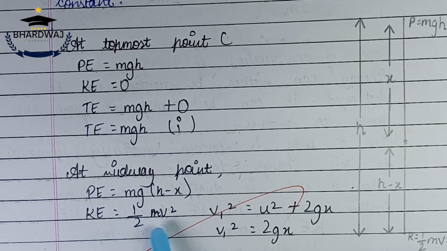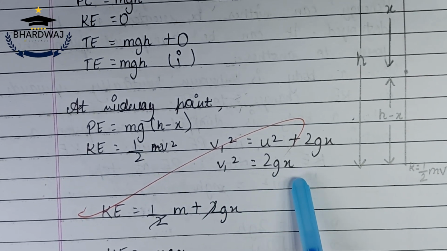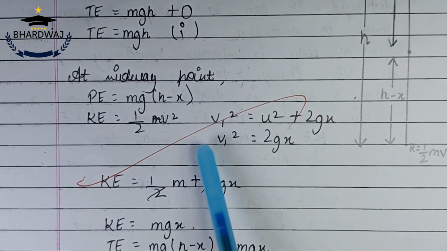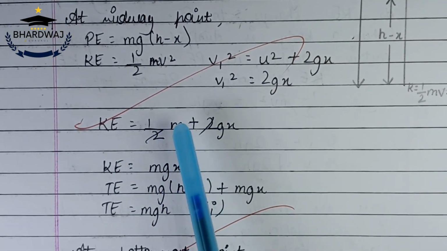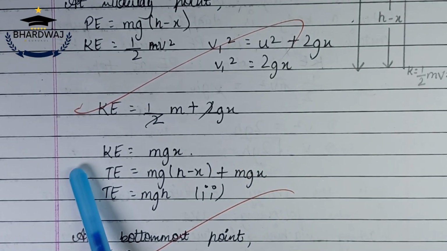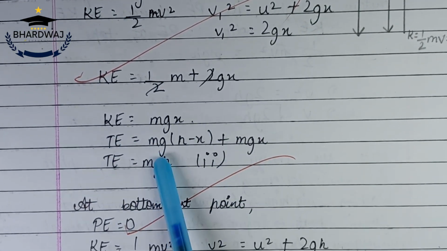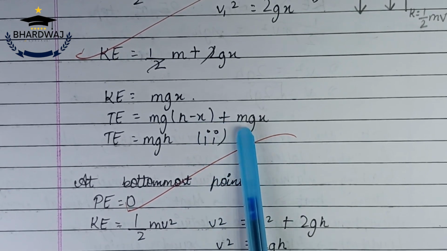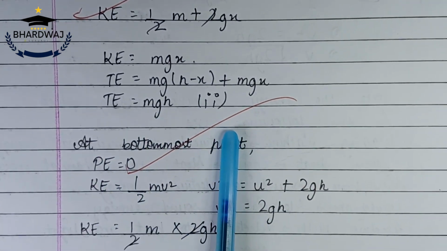Kinetic energy is 1 by 2 mv square. v1 square equals 2gx according to the motion equations. Kinetic energy equals 1 by 2 m into 2gx, so kinetic energy equals mgx. So total energy equals mg(h minus x) plus mgx. So total energy again is mgh.